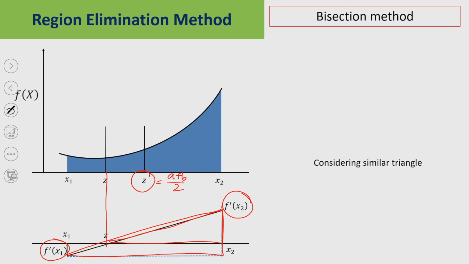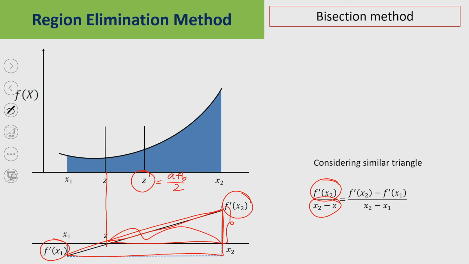If I consider these two similar triangles, I can write f dash x2 divided by x2 minus z, because I need to calculate the value of z here. This is from the first triangle, that is f dash x2 and this is x2 minus z.